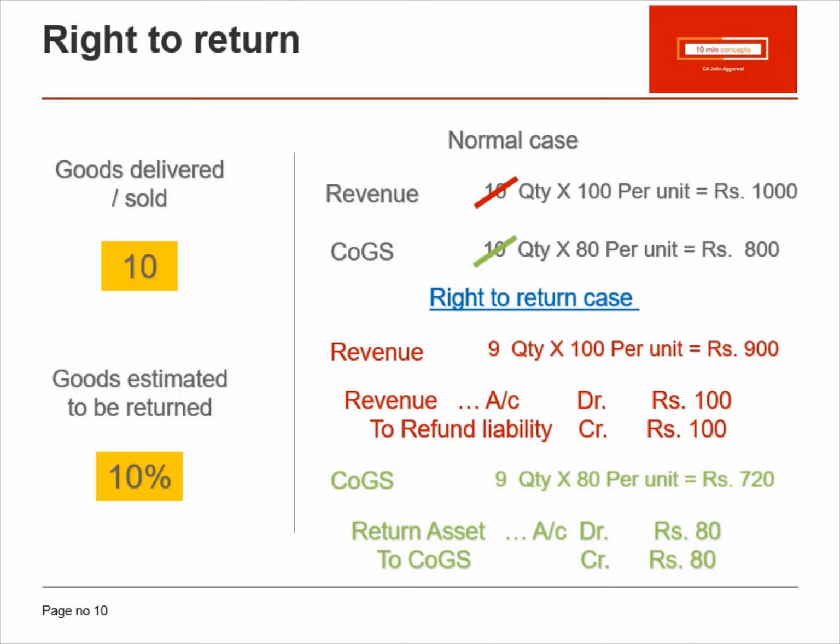Also, an important point to note is we have recorded a return asset over here. This is different from inventory. Entity will record inventory when it actually receives those goods back from the customer and reclaims control over those goods.